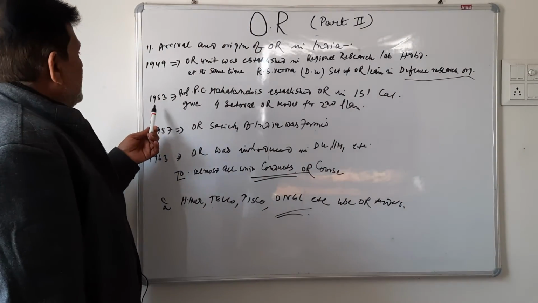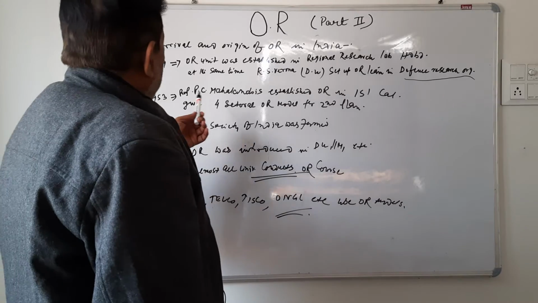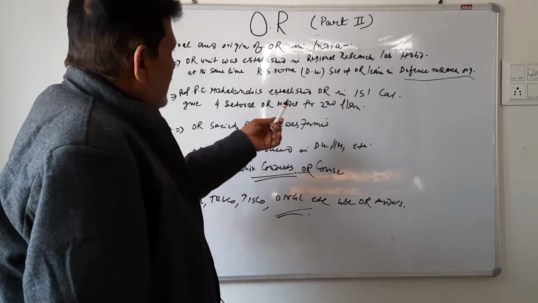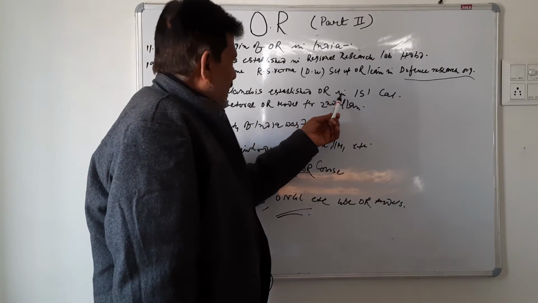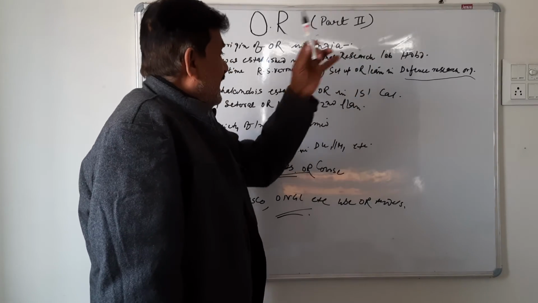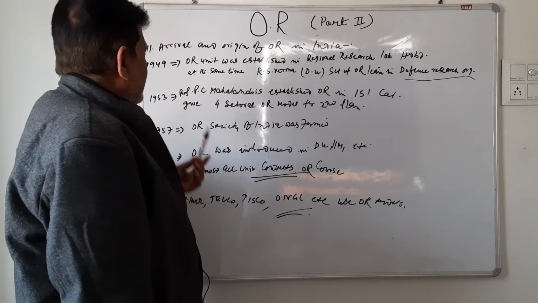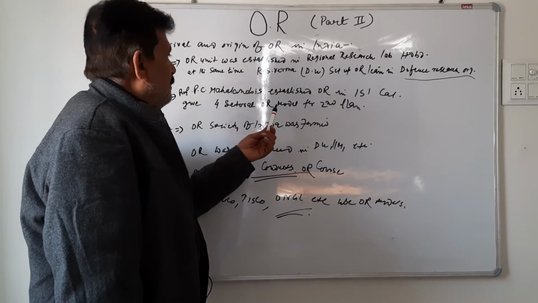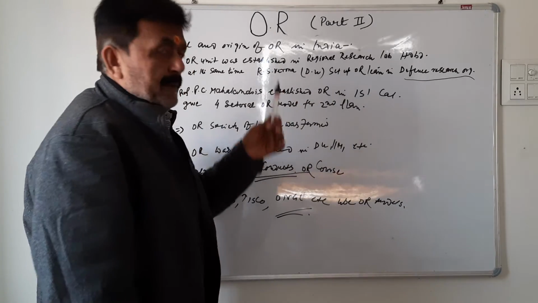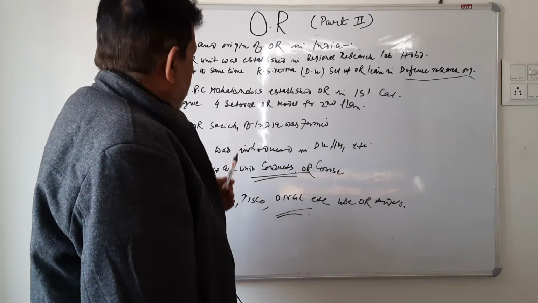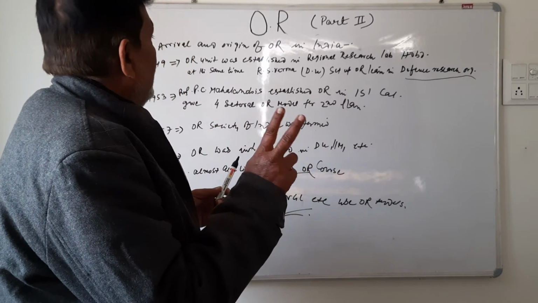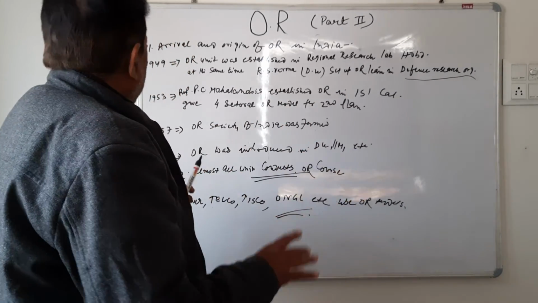Thereafter, in 1953, a great economist, Professor P.C. Mahalanobis, established OR in ISI Calcutta, and the same P.C. Mahalanobis gave a 4-sectoral OR model for the second 5-year plan in India. It was given by Mahalanobis, and it was a 4-sectoral model, and this model was an OR model.